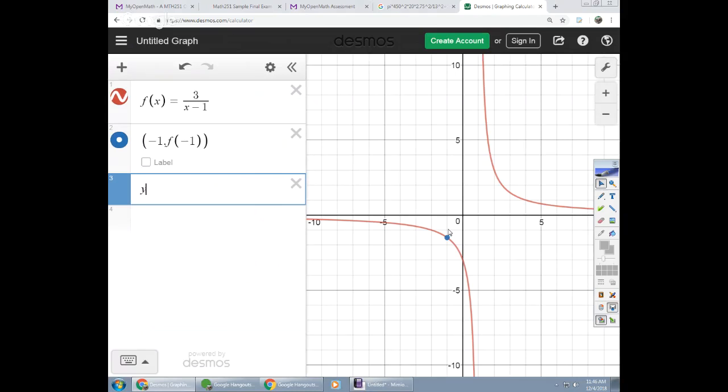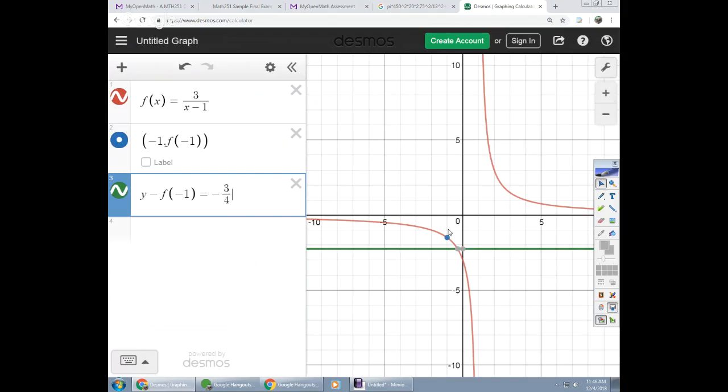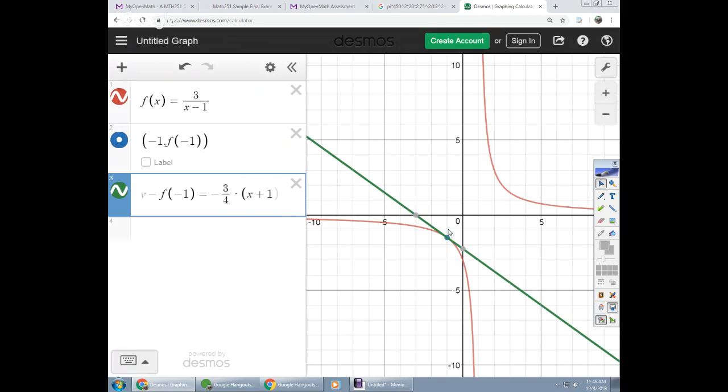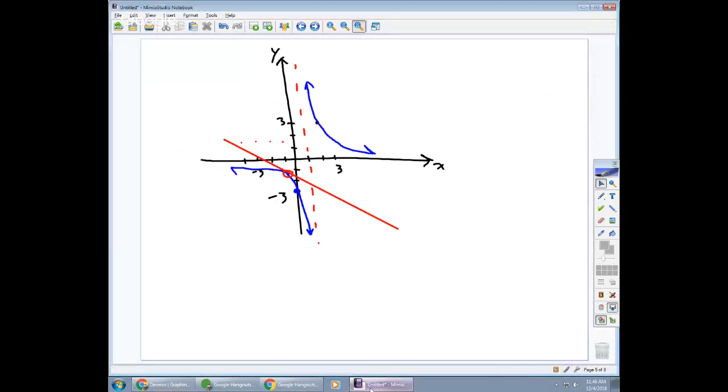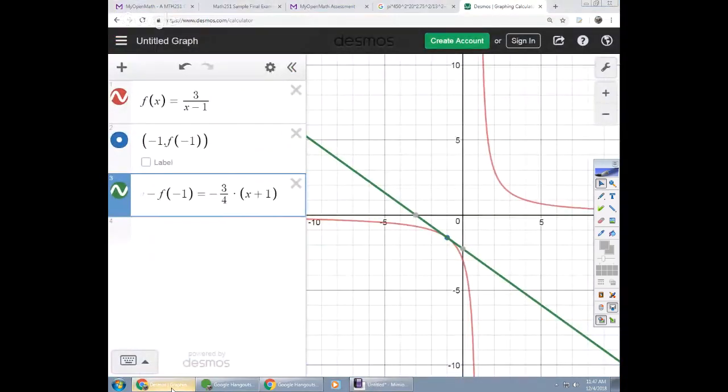And then y minus f of negative 1. I love that you can use function notation in Desmos. Equals negative 3/4 times x plus 1. That's not bad compared to what I tried to draw. Look at that. Identical match. Woo!